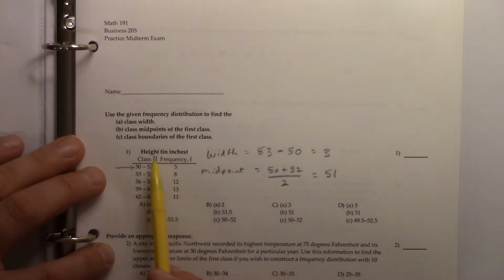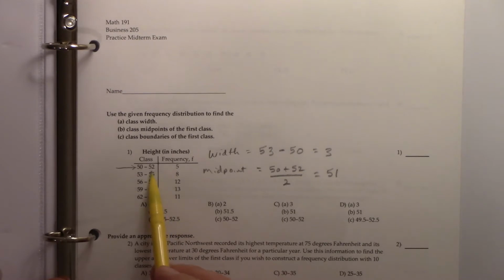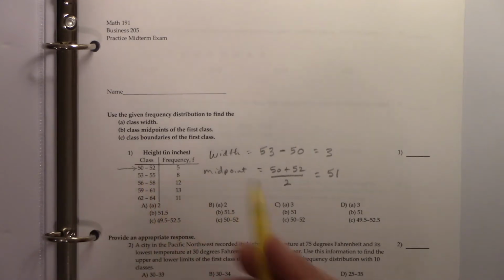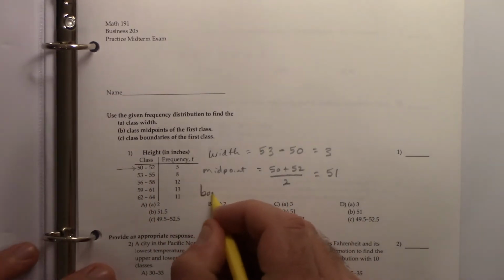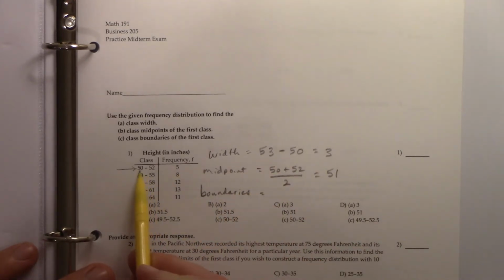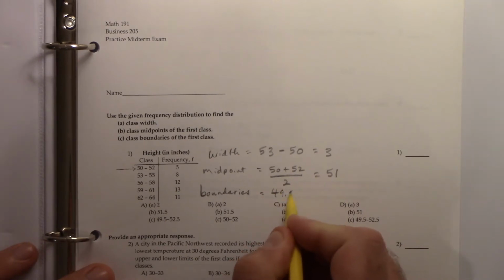And then finally here for the class boundaries, the class boundaries is basically just taking these class limits and closing the gap. So notice how this class ends at 52, the next one begins at 53. I would close that gap just by increasing by 0.5 and decreasing by 0.5. So for just the first class, the lower limit needs to come down by a half, so that would be 49.5.